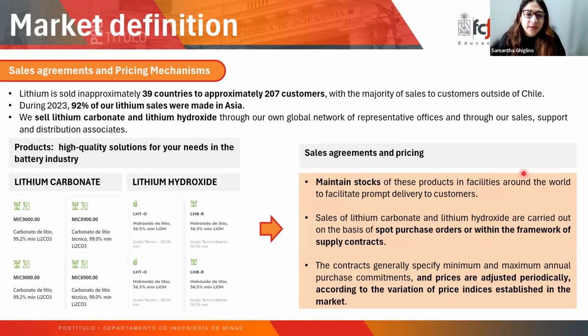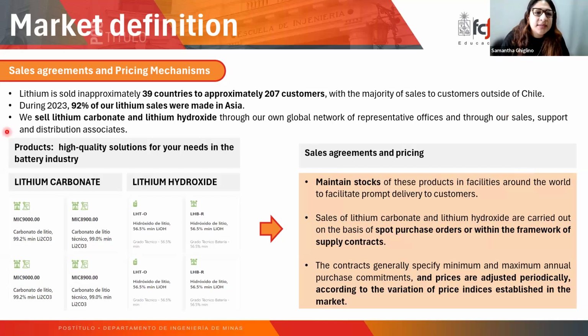And most of the lithium is sold outside of Chile. So almost none of the production is for local purposes. It's all for exporting purposes. As I already said, 92% of the lithium sales made in Chile were made to Asia, and as I already mentioned as well, carbonate and hydroxide are the most representative of those sales.